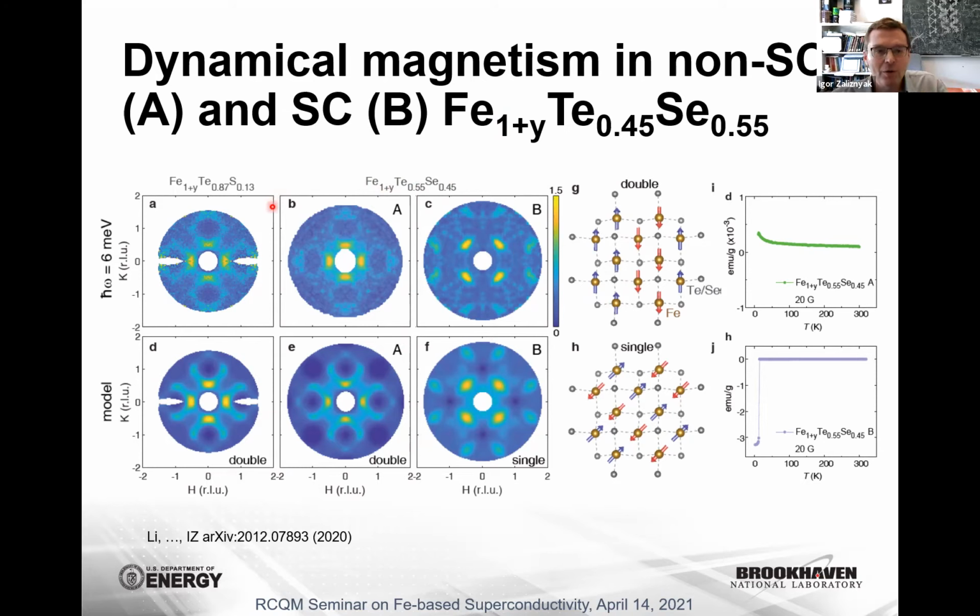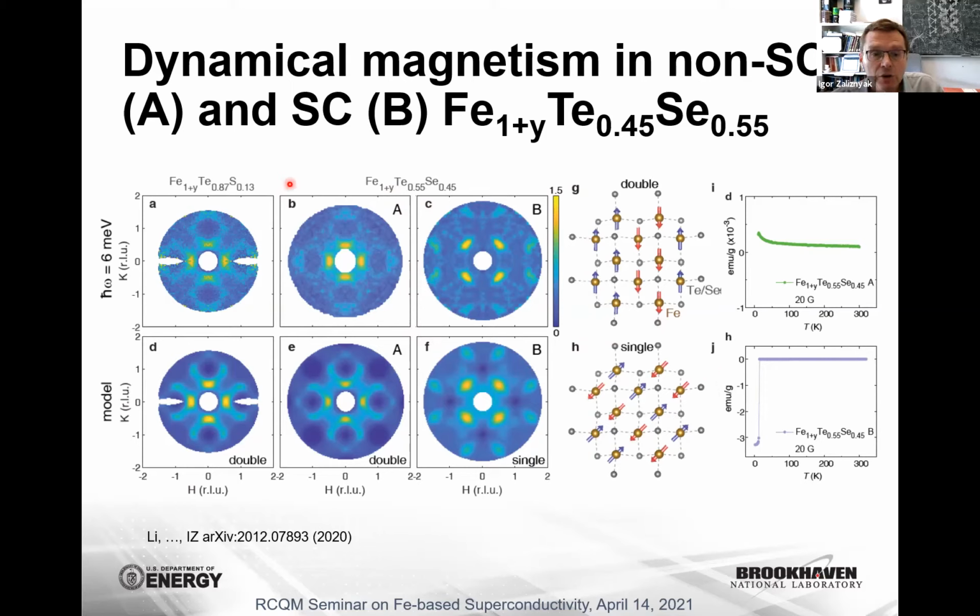And so in this measurement, we observed that the non-superconducting sample demonstrates a magnetic scattering pattern dramatically different from the superconducting sample. This one is typical of double stripe magnetic correlations, while the superconducting material, sample B, shows a pattern typical of single stripe magnetic correlations.